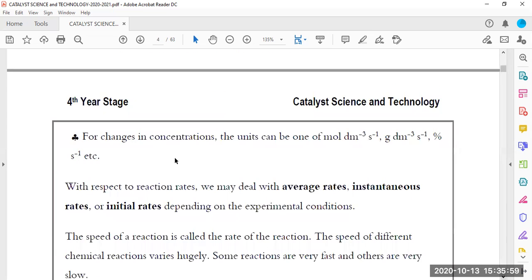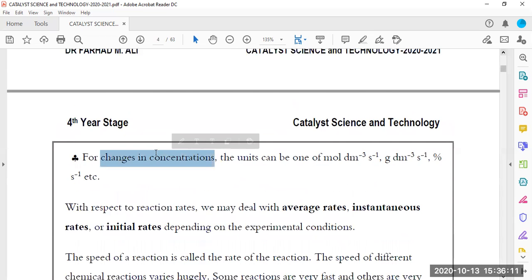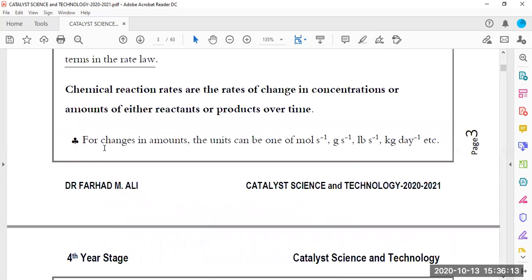For change in concentration, the units can be one of mole per decimeter cube. That's change in concentration, and that's the rate. Don't confuse.